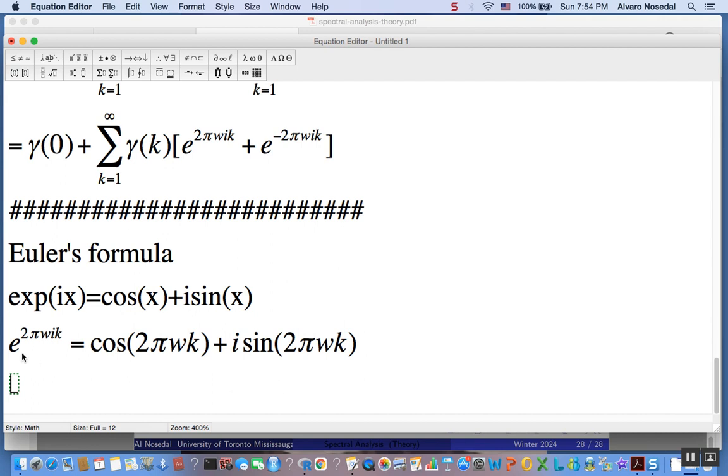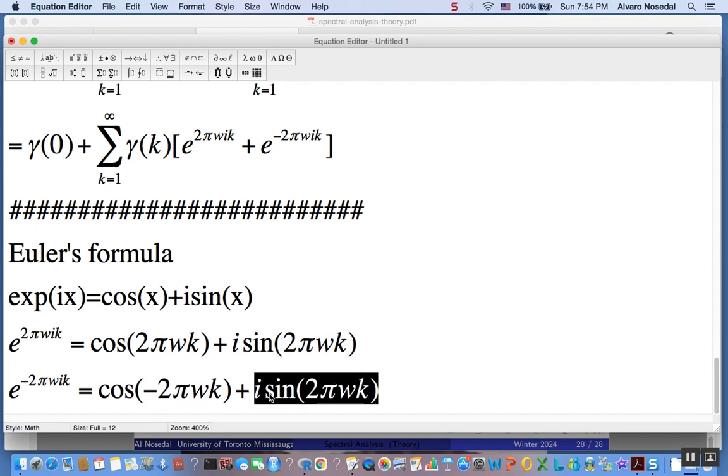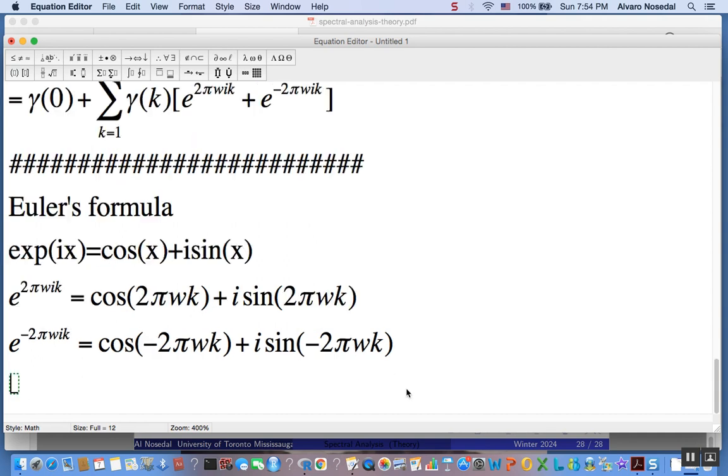Now let's do the same, but instead of having 2 pi w i k, we are going to have the negative version of that same exponent. So you would have cosine of minus 2 pi w k plus i sine of 2 pi w k, with a negative sign.